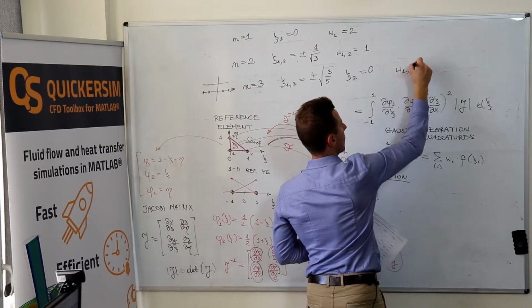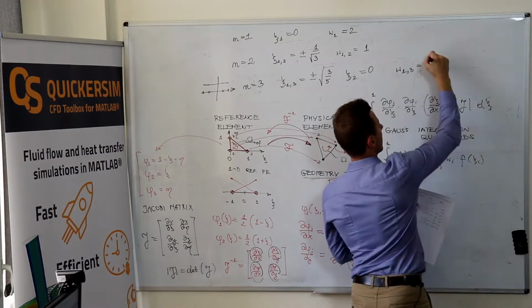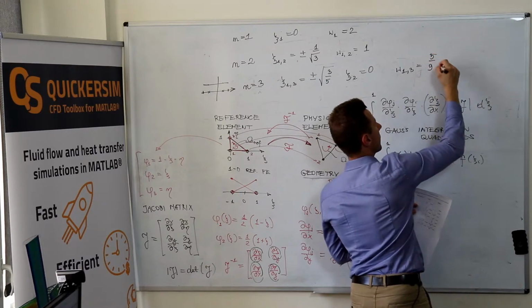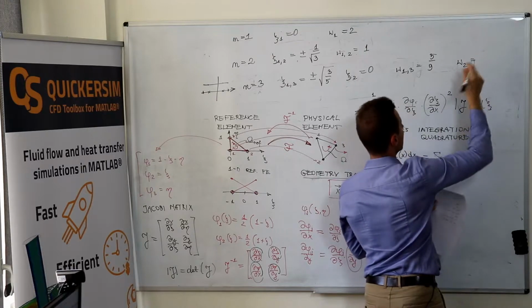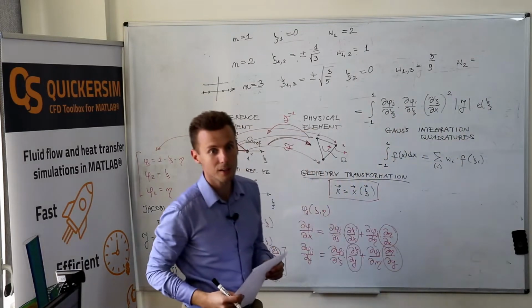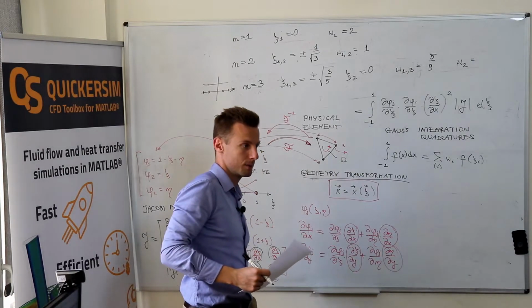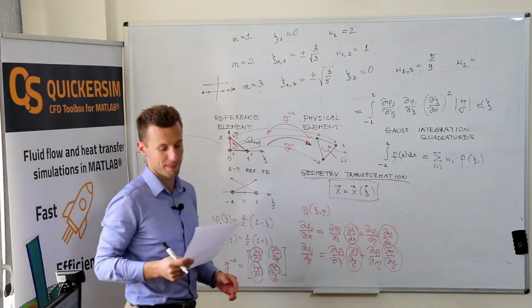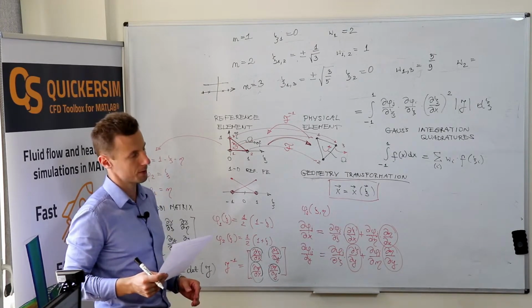Weight 1 and weight 3 equal 5/9, and weight 2 you can calculate.